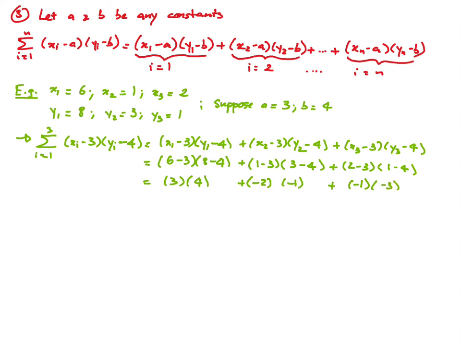So the last term is negative 1 times negative 3. This is straightforward, right? The first term, 3 times 4 is 12. The second term, negative 2 times negative 1 becomes 2, right? And the last term, negative 1 times negative 3 becomes 3. Okay? So you end up with 17 as the answer.